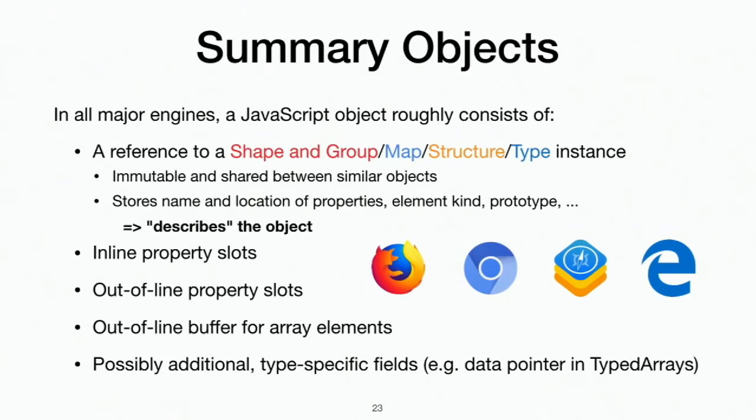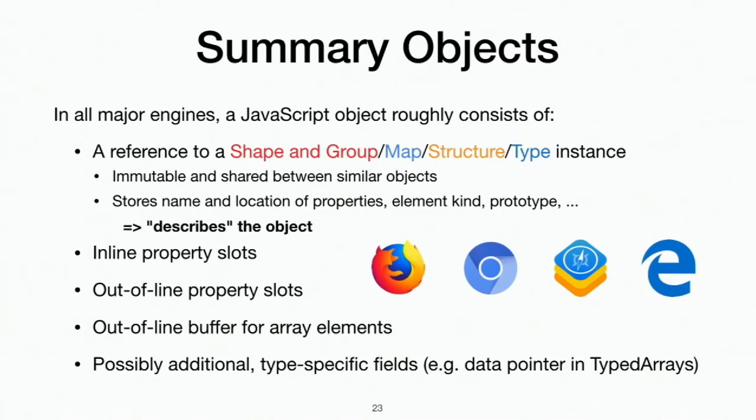Then you have these property slots, and usually you have a few property slots stored inline, so a fixed number of inline property slots. And then you have a pointer to an out-of-line property slots array that's dynamically sized, where all properties are stored that don't fit in the inline slots. The other thing you have is usually a buffer for element storage.